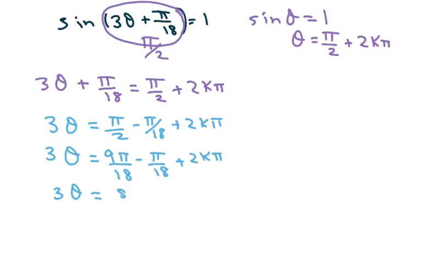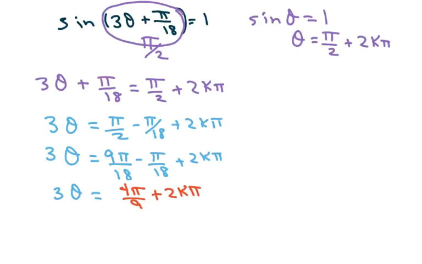Simplifying this, you get 8 pi over 18, which equals 4 pi over 9. So this is going to be 4 pi over 9 plus 2k pi.